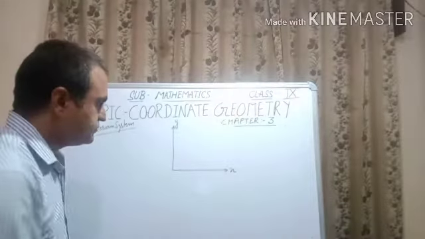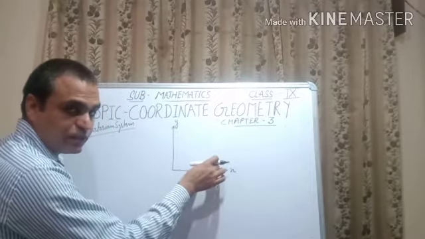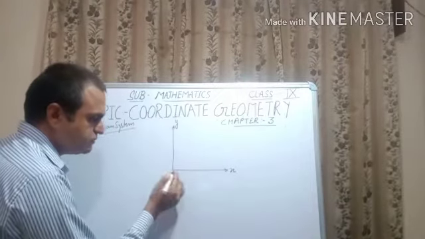In the Cartesian system, here the value of x is positive and here the value of y is positive.